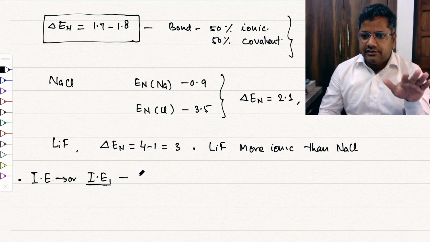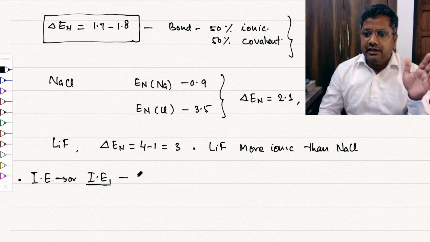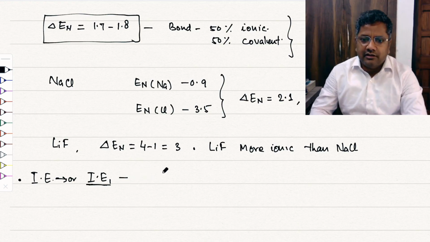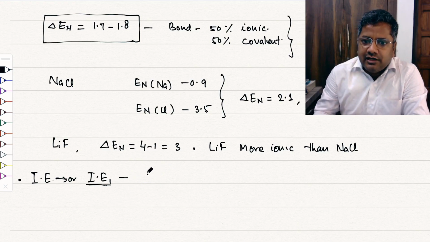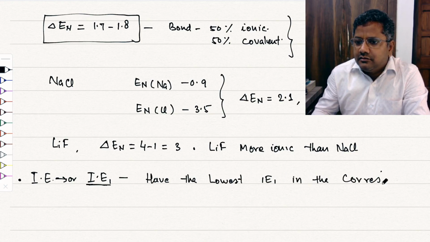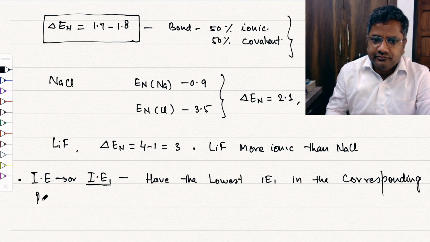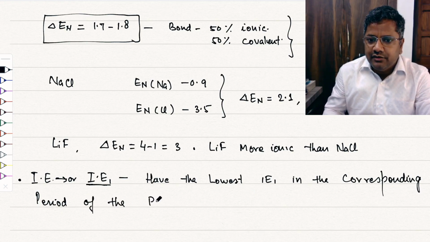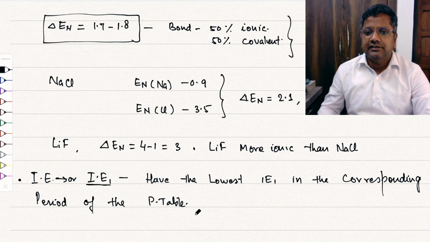So this group has the lowest first ionization energy in the corresponding period of the periodic table, right?